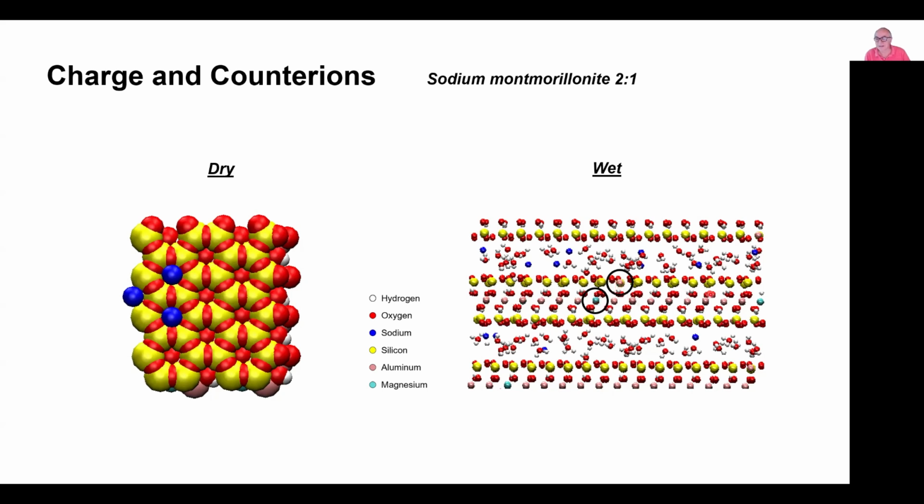And so this clay has become charged. The counterions are the blue ones, in this case sodium, and they are already hydrated by water molecules, and they have been pushed out of the surface. Here they are attached to the surface. Now the water molecules went in and knocked them off, hydrated, and now they are in the counterion cloud.